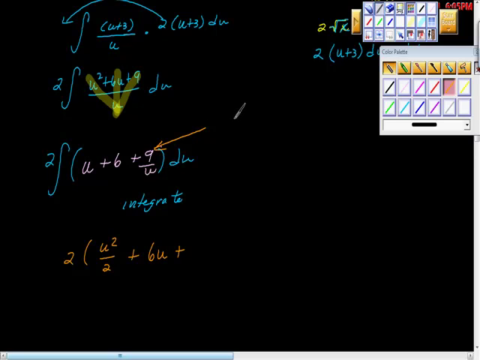I'm taking this as 9 times indefinite integral of 1 over u. So that's, this 9 is this one, and 1 over u is ln, right? So here's 9, so 9 ln of u, okay, plus c. Is that all right?